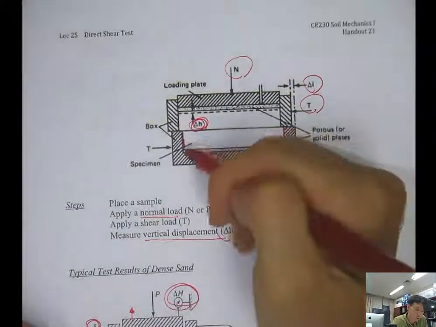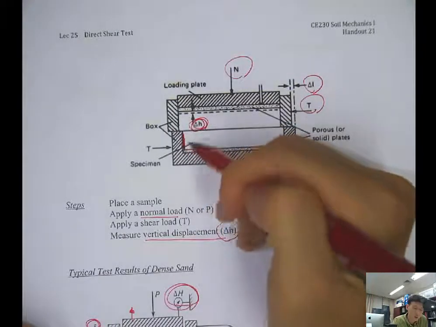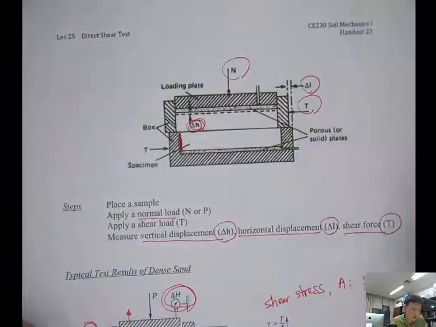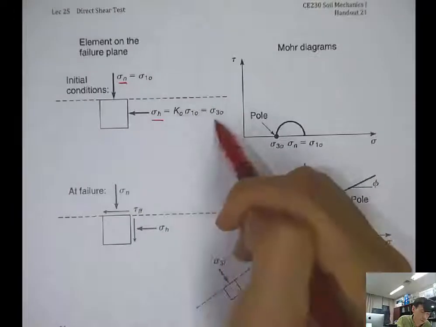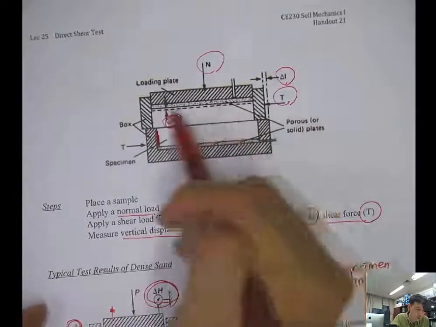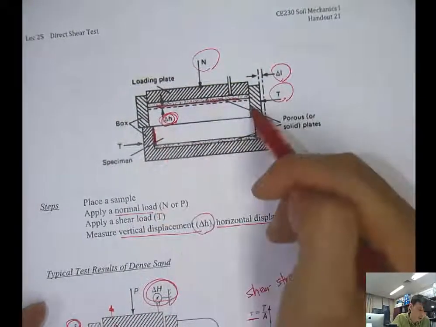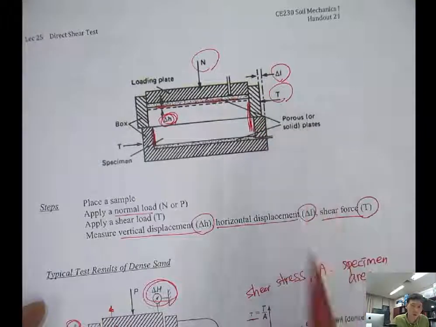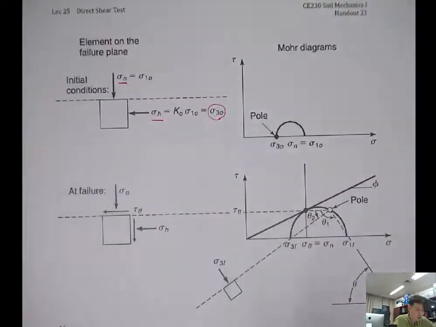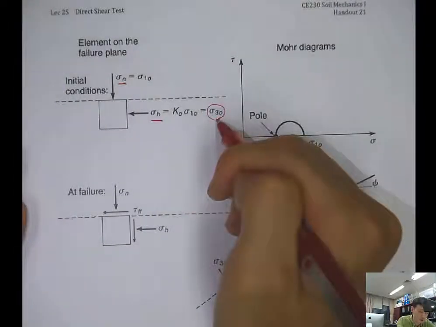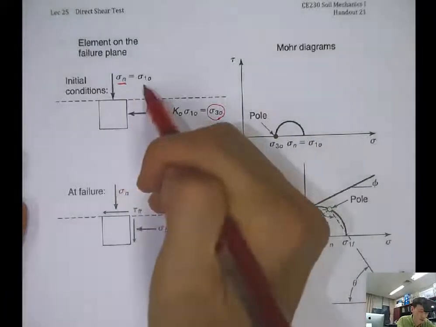So this wall provides the horizontal stress, and this becomes the sigma 3 naught. Here we are assuming that there's no shear stress on the horizontal plane before shearing, and also no shear stress on this vertical plane. So sigma h becomes the minor principal stress, and sigma n becomes the major principal stress.